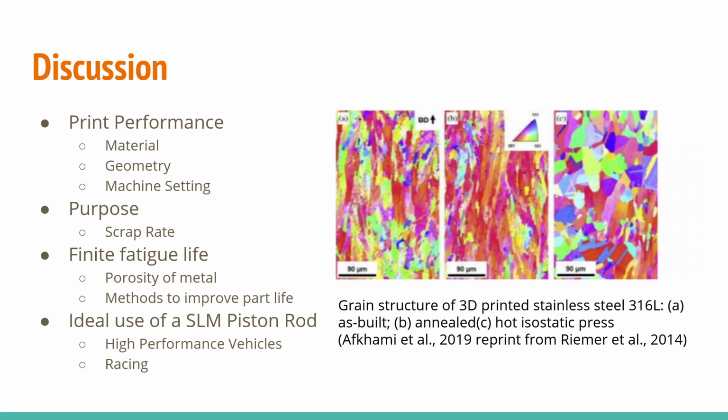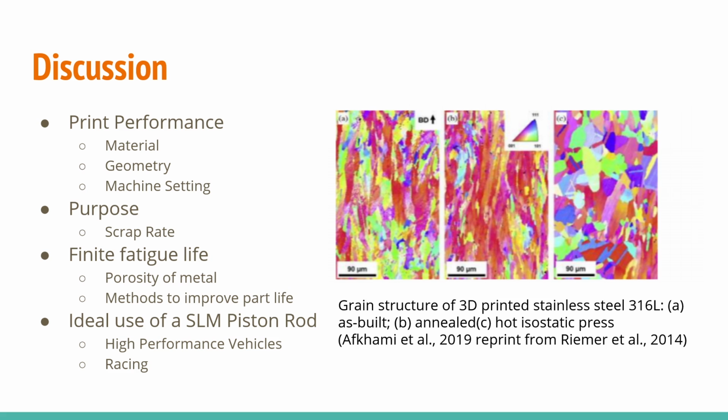That process is where you take the part and put it in a pressurized heated gas chamber for an extended amount of time to get a robust grain structure like this. So you can see the figure on the far right has the most robust grain structure, which in turn means a greater fatigue life.